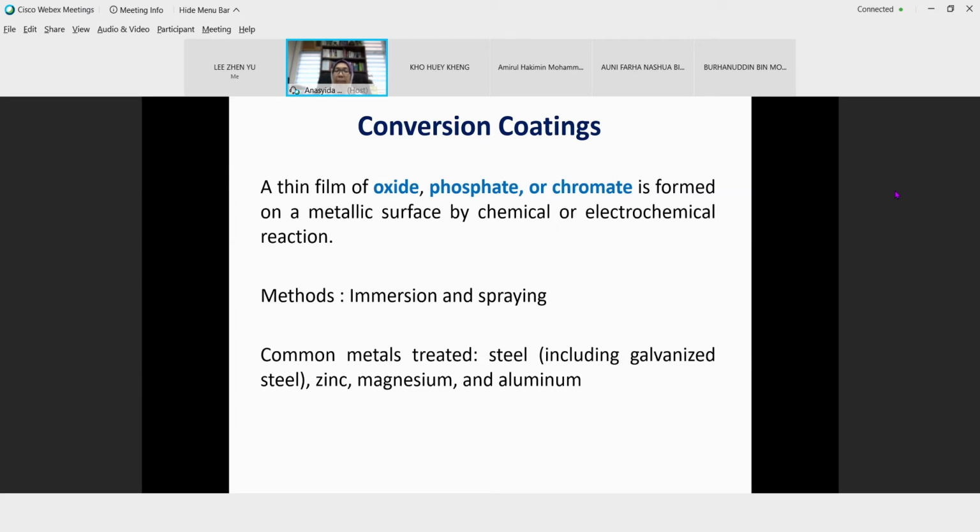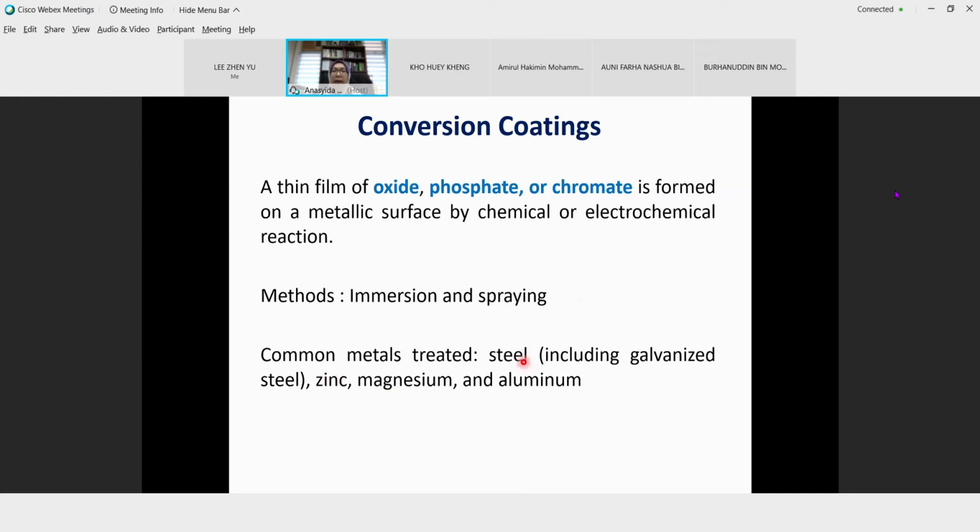So we have two concepts here. It can also use the same methods, either you immerse it or you spray it. It can be treated on metals, for example galvanized steel, zinc, magnesium, and also aluminium.